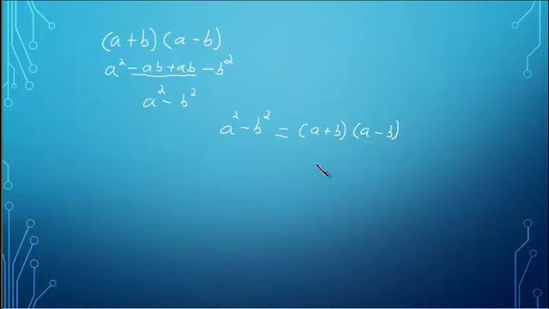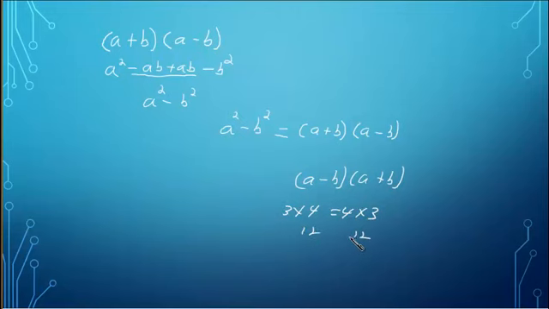Of course, you can always say a minus b times a plus b, because multiplication is commutative. Remember always, 3 times 4 is the same as 4 times 3. In both cases we get 12.